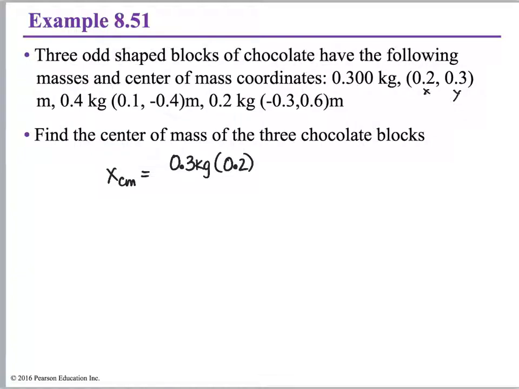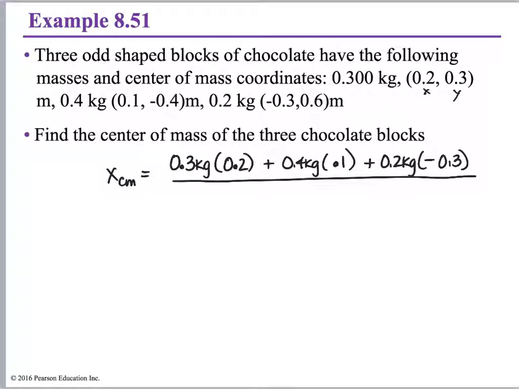Then the second object is 0.4 kilograms, and its position is at 0.1. And the last one is 0.2 kilograms, and its position is at minus 0.3. So those are our x positions times the mass, and then I add up all the masses, 0.3 plus 0.4 plus 0.2.